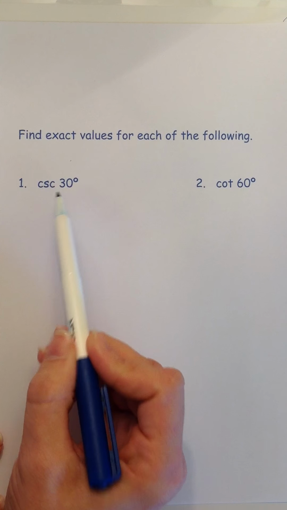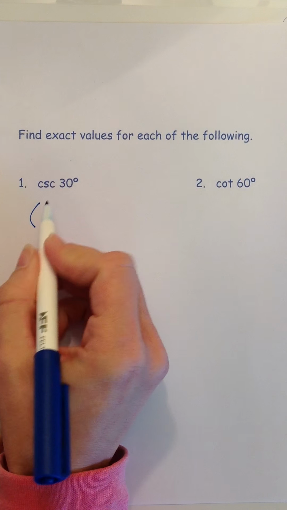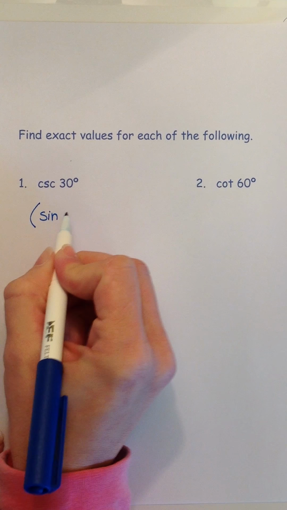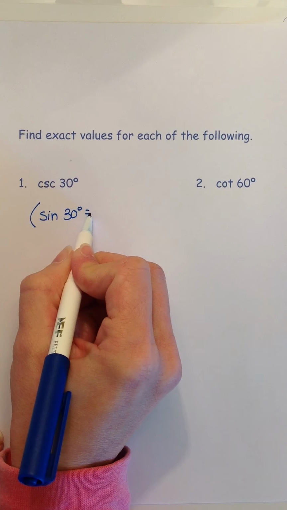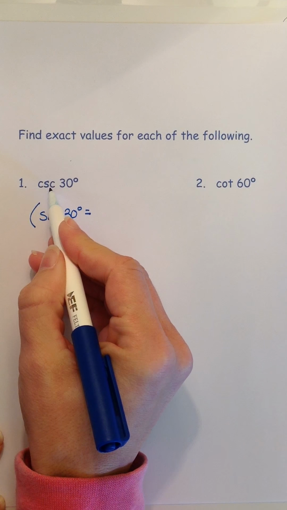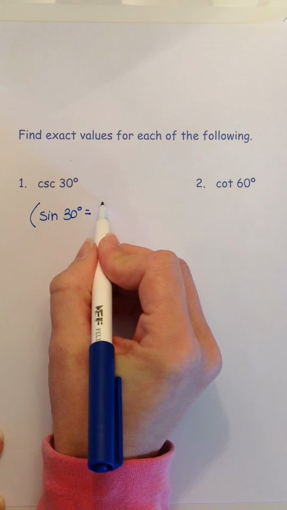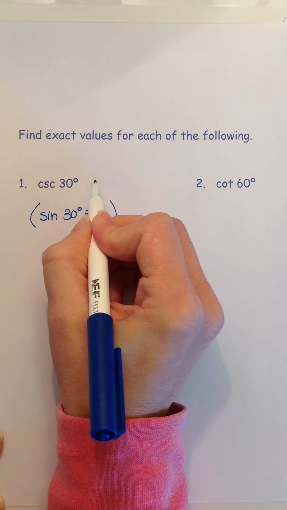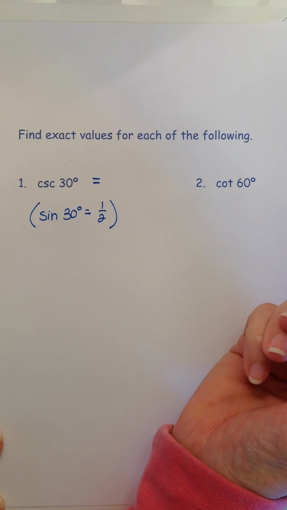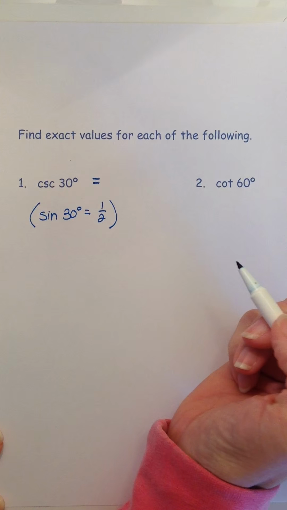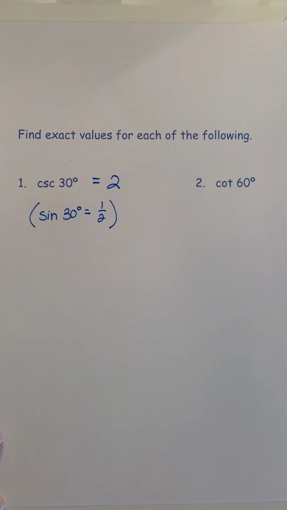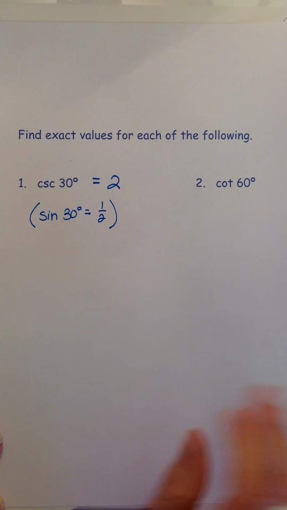So what you're going to do here is actually look up, and I'm just going to put it in parentheses, sine 30 degrees, because sine is the reciprocal of cosecant. So sine 30 degrees is 1/2, so your answer to this would just be the reciprocal, since sine and cosecant are reciprocals of each other, therefore your answer is just 2.